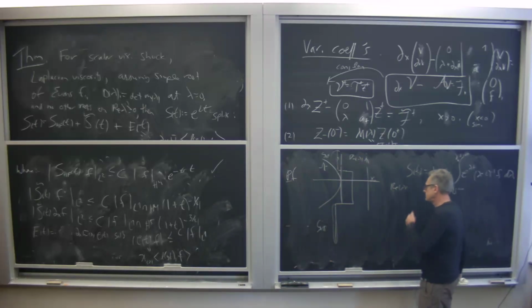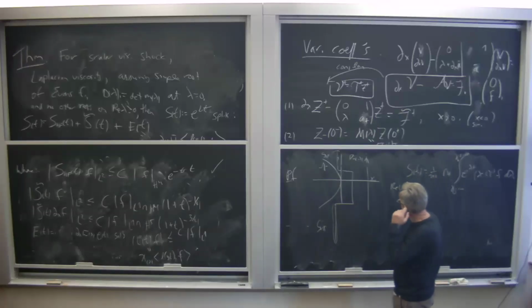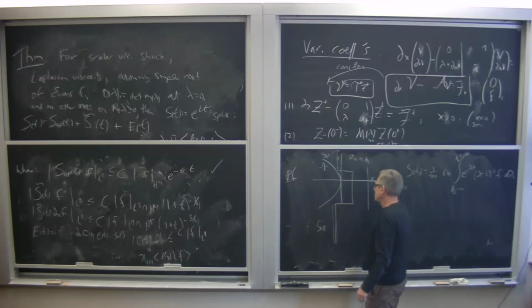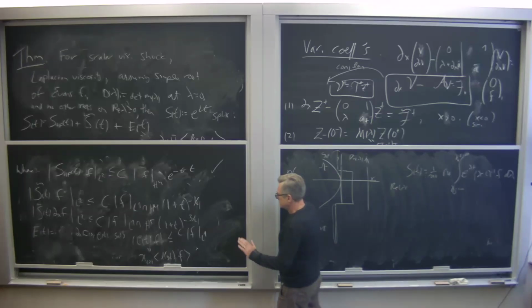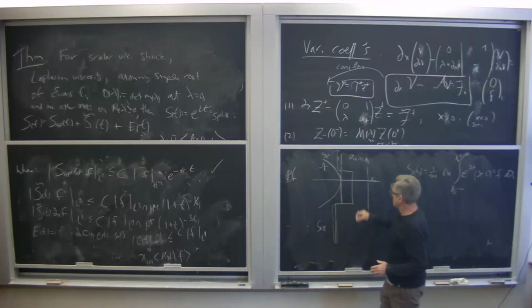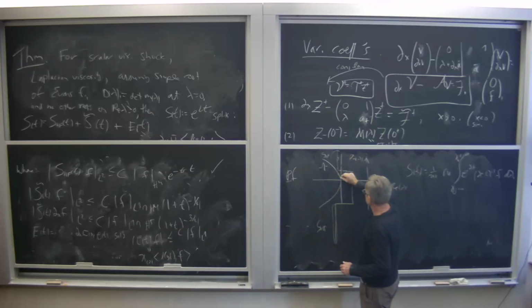Now I have some other terms. For the explicit terms, I could just move them either to the contour at 0, or over to the Fourier contour, which is the dispersion curve.